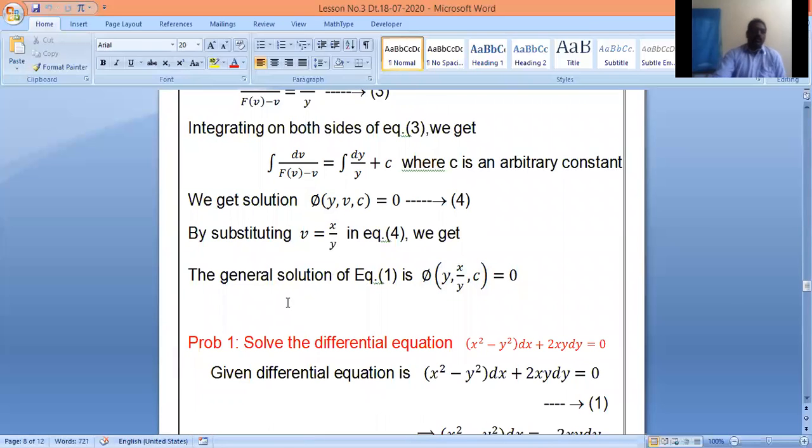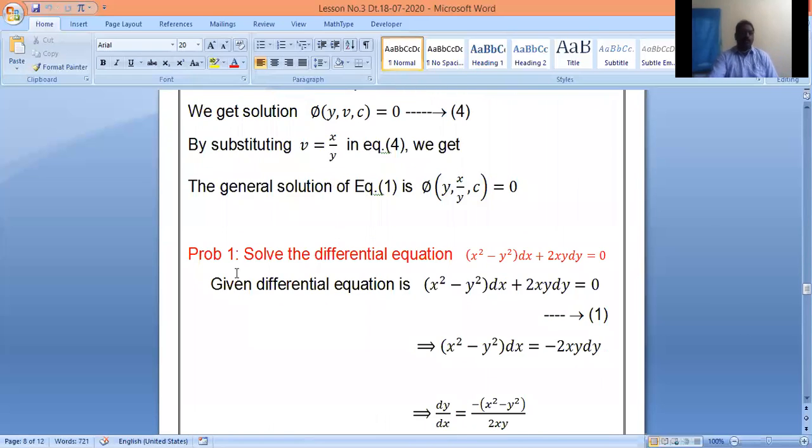Now we study some problems based on the homogeneous differential equations. Problem 1. Solve the differential equation x square minus y square into dx plus 2xy dy is equal to 0. Given differential equation is x square minus y square into dx plus 2xy dy is equal to 0. Let this equation be 1.